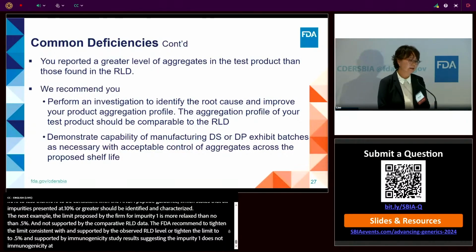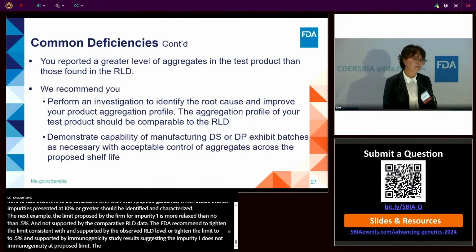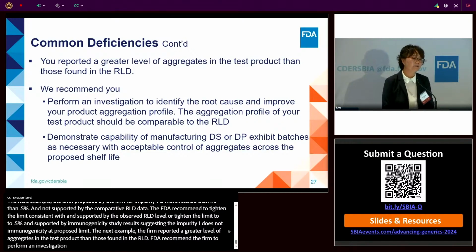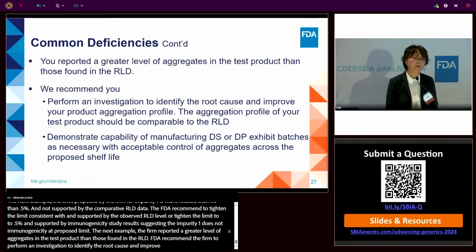The next example, the firm reported a greater level of aggregates in the test product than those found in the RLD. The FDA recommends the firm perform an investigation to identify the root cause and improve the product aggregation profile.